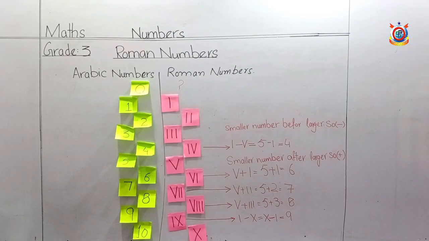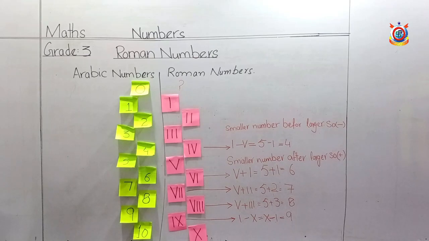Now students, have a look on board. Look, Arabic numbers and Roman numbers. For 0, there is no Roman number. For 1, here is just one I. For 2, 2 I's. For 3, 3 I's.